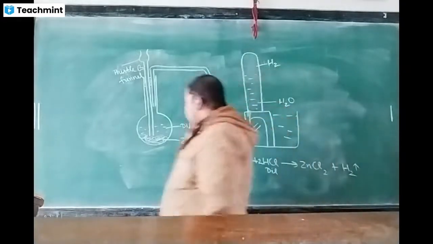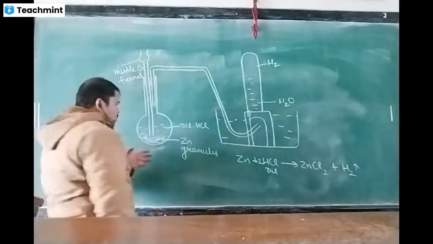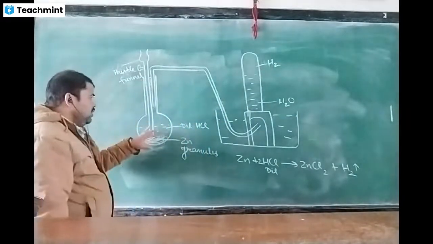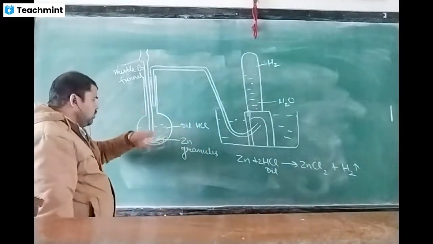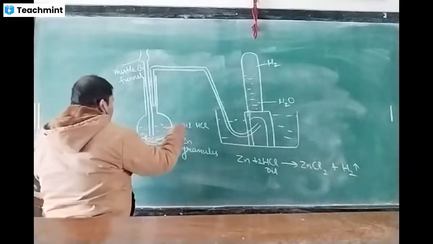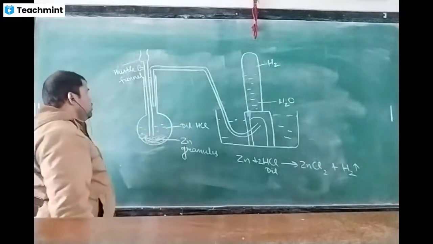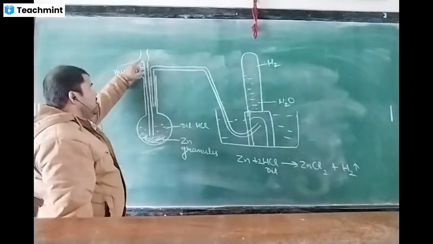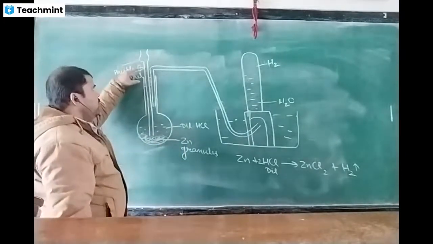So here we are taking zinc granules, and we will put them in the round bottom flask. We will add the dilute HCl or H2SO4 with the help of the thistle funnel. This is the thistle funnel, and one knob is present.